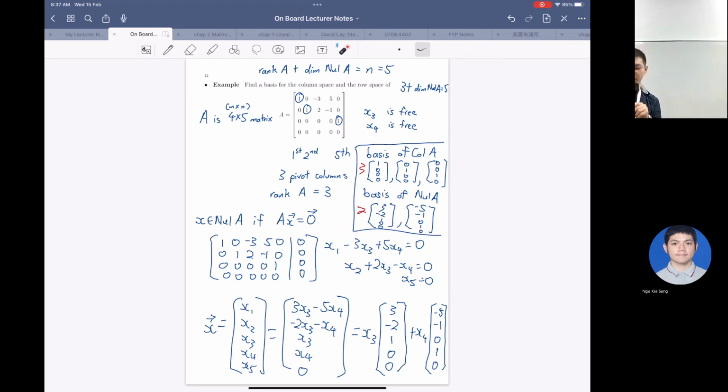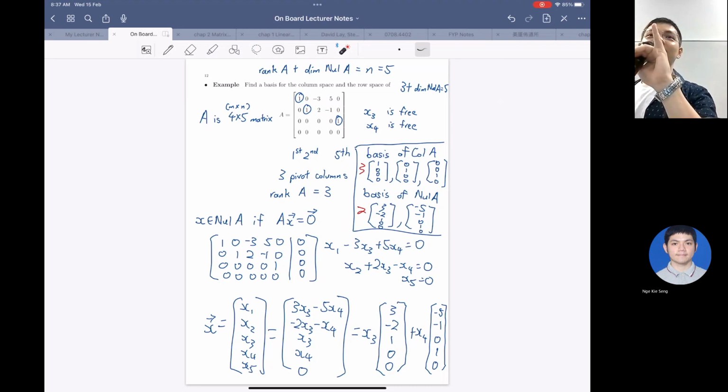Okay, and then yesterday we already showed that these vectors form a linearly independent set, and then they span. They span precisely because of this equation here. Any solution written as a linear combination of these two vectors is a solution to AX equals 0. Okay? Any question? Any question? Okay, still following?